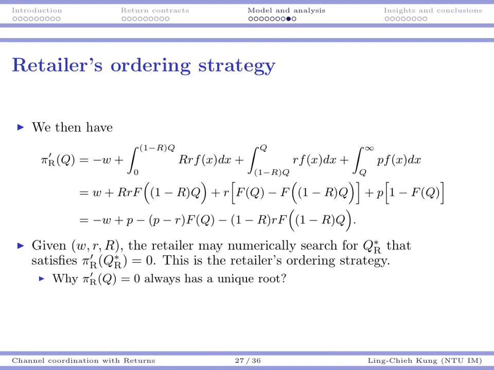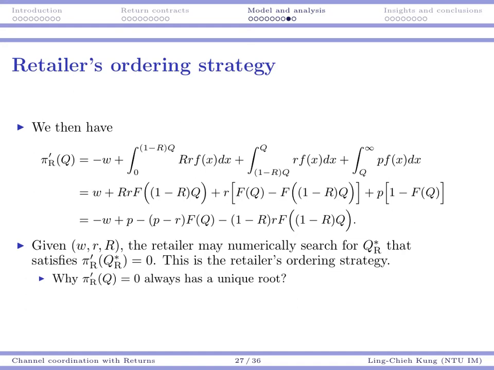If I differentiate pi r by q, I get this. So now you know learning calculus is useful. If you don't have that particular technique, you just cannot get this result. With this, of course, we know that the retailer should choose a quantity to satisfy this particular thing equals 0.